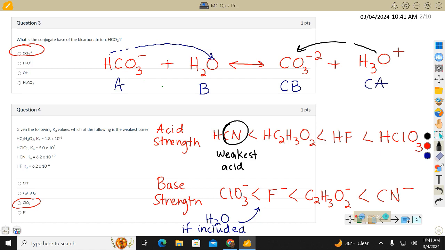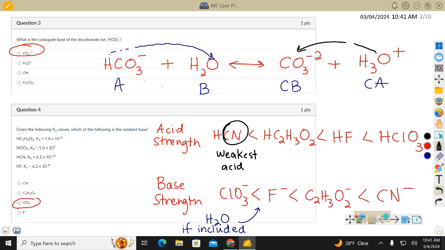Obviously, it could produce some hydrogen, but because that cyanide has such a strong hold on the hydrogen, it doesn't dissociate much. Well, that's the definition of a good base. A base is supposed to be a particle that is attracted to hydrogen. So the negative conjugate base of a weak acid is actually a pretty good base.